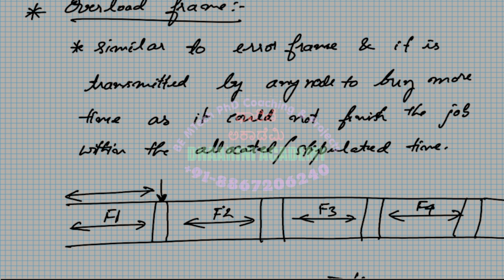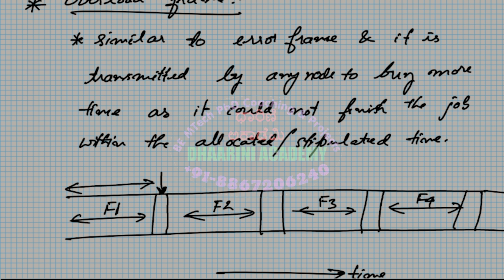But you see, where is the error frame going to start, if at all there is an error? I send F1, and while sending F1, some other device detects an error. Correct? An error may get detected at any point.